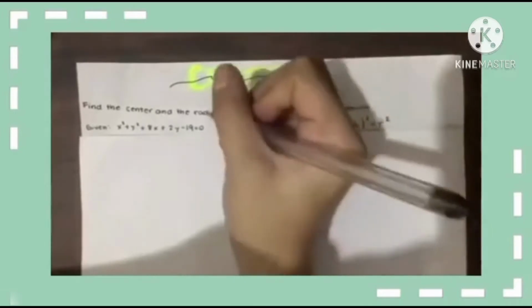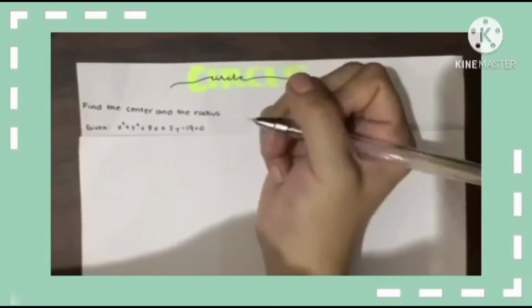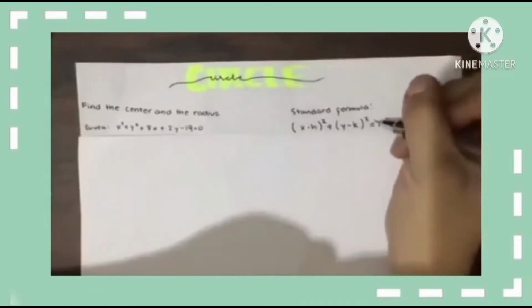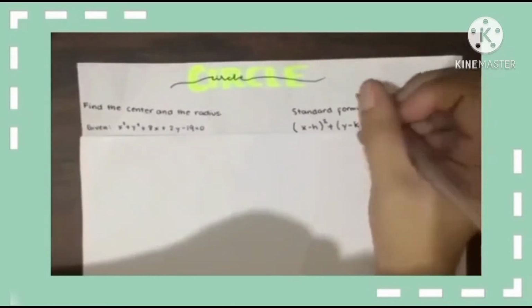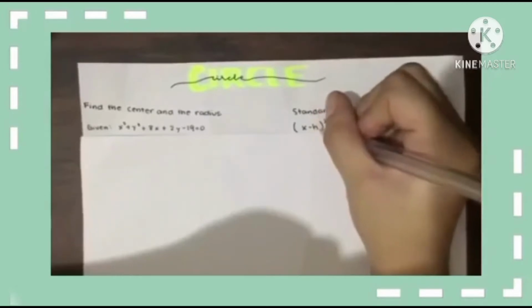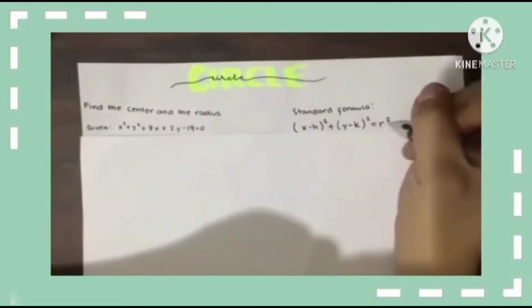If we are given this equation, as you can see, it is written in general form. In order to find the center and the radius, we're going to convert it into standard form. We know that the standard form of a circle is written as (x minus h) squared plus (y minus k) squared equals r squared.